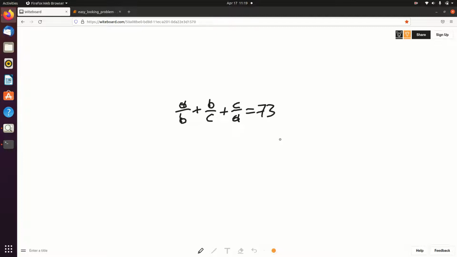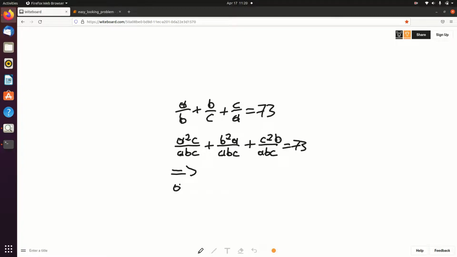Basically we get a squared c divided by abc, plus b squared a divided by abc, plus, and now we have to multiply with b and c, so we get c squared b divided by abc, is equal to 73.